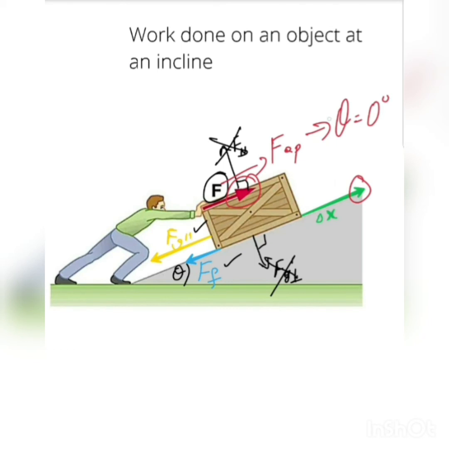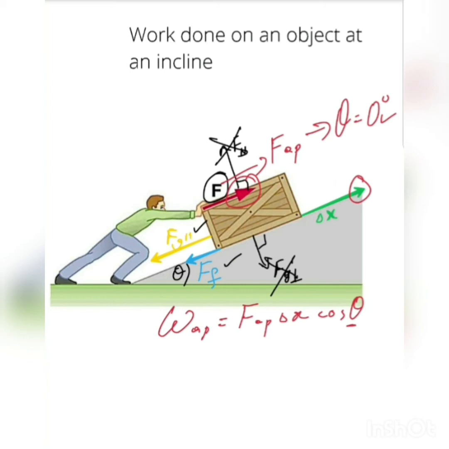Then how would we go about calculating work for the applied force? We'd say work applied equals the applied force multiplied by the displacement cos theta, and our theta, remember, in this case is going to be 0 degrees.